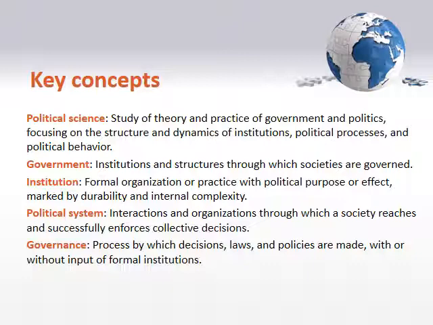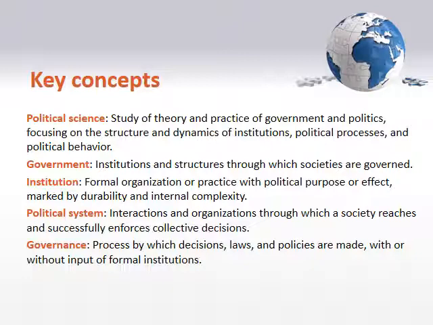Government is the institutions and structures through which societies are governed. The various institutions within government, we sometimes think of them as bureaucracies, but they have a formal organization with clear practices and with the ultimate goal of producing a political purpose or effect.